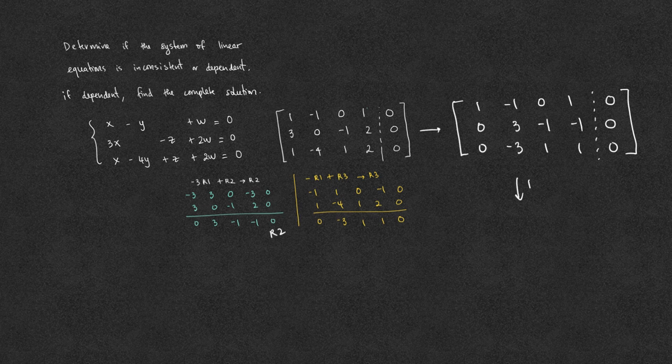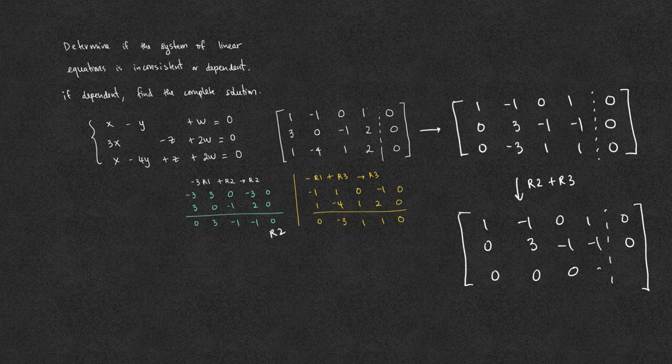If we take row 2 and add to row 3, we'll obtain an equivalent matrix: 1, negative 1, 0, 1, 0; 0, 3, negative 1, negative 1, 0; 0, 0, 0, 0, 0.